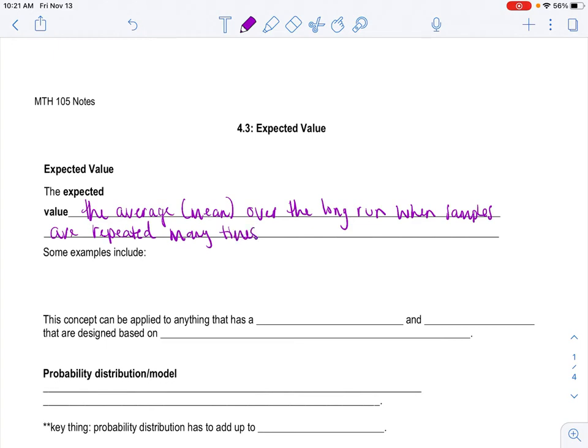So for example, we could figure out the expected value of a lottery ticket, or gambling of some sort, like blackjack, really any gambling. Maybe insurance payouts.